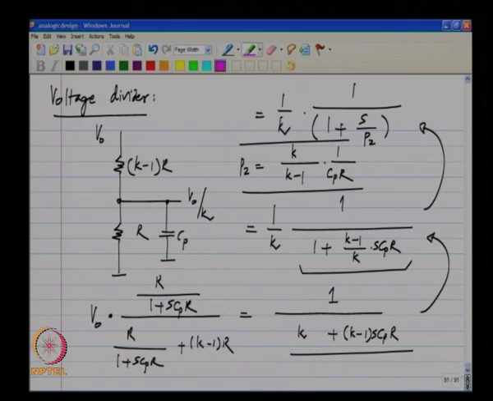So, that is equivalent to a delay. Basically the capacitor needs time to charge, it takes some time for the voltage across the capacitor to change, and that manifests itself as a delay in the system. So, in general we can have additional poles and zeros in the transfer function, that is what it means.